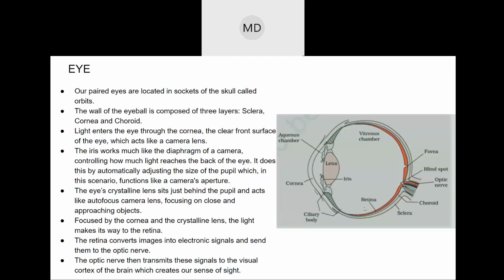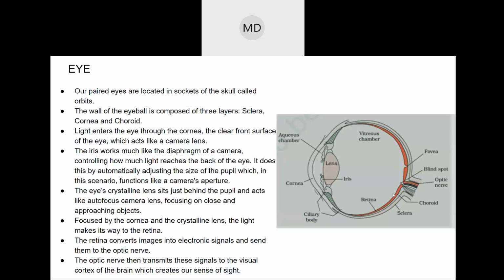After the image is focused on the retina, the retina will convert the image that we see in front of our eyes into electrical signals.